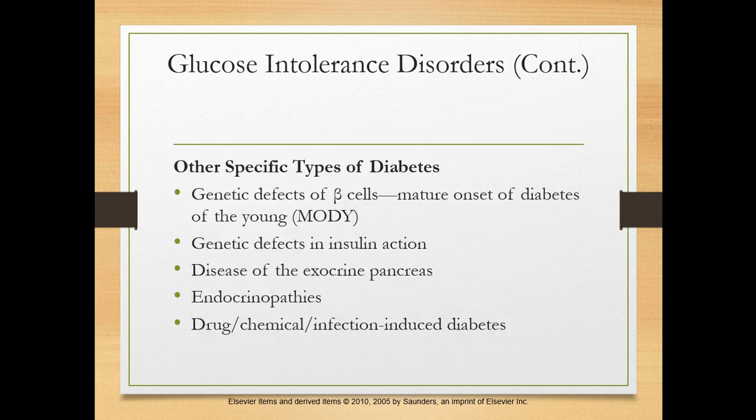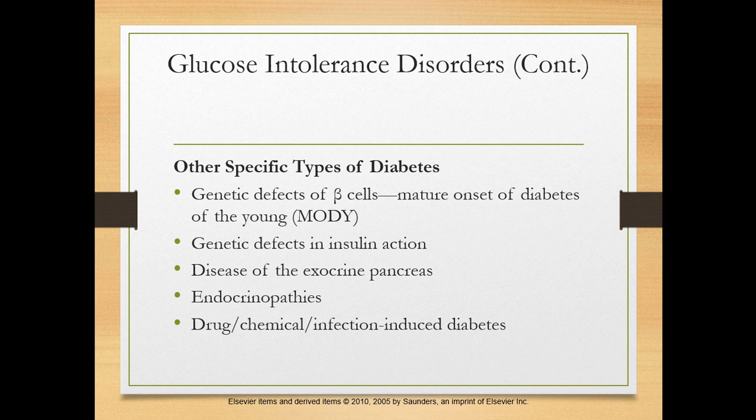Okay, so there are other types of diabetes. We do have genetic defects of beta cells.